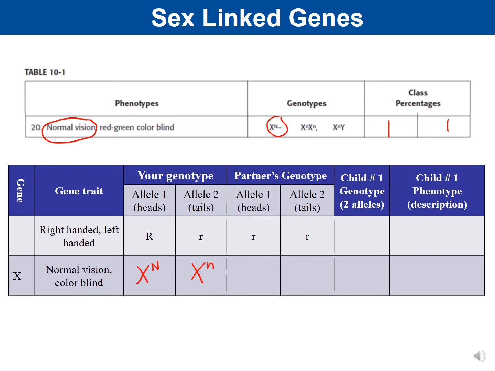Now, for your partner, even if you do this with somebody at home or a classmate that you talk to, even if that classmate is the same gender as you are, don't put X big N, X little n here. That doesn't work, right?